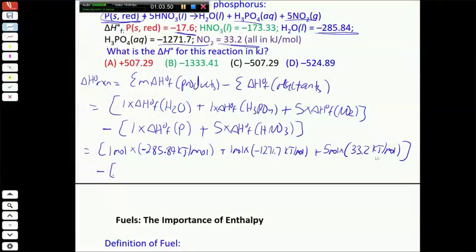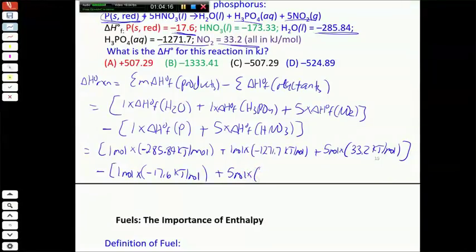So as a reactant, we have 1 mole of red phosphorus, so it's going to be 1 mole times its delta H of formation, which is minus 17.6. And then the last reactant we have is HNO3. We have 5 moles of that.